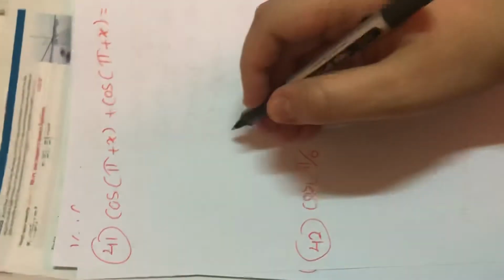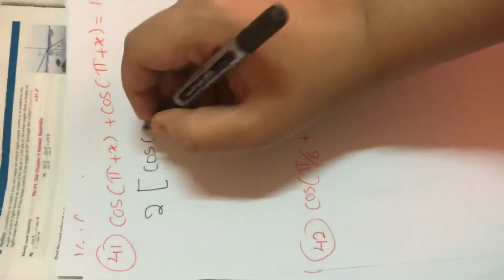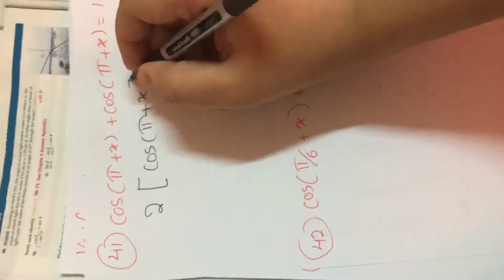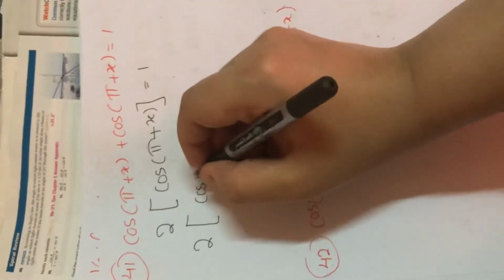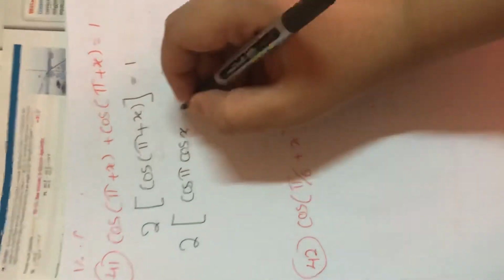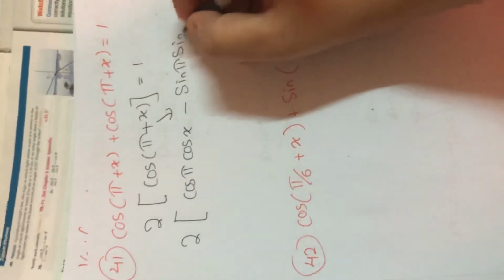Over here I have a cosine of pi plus x, and cosine. Okay, we can make it shorter, thinking that it's 2 cosine of pi plus x equals 1. So I'm going to use the cosine adding identity, or sum. It's cosine pi cosine x, opposite sign, sine pi sine x, equal to 1.